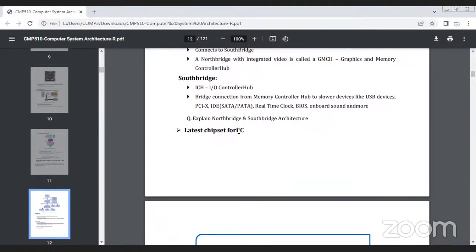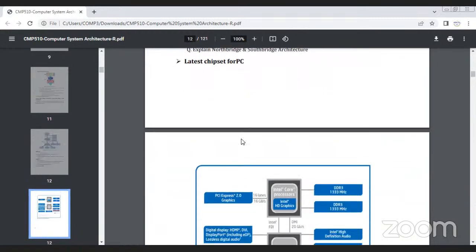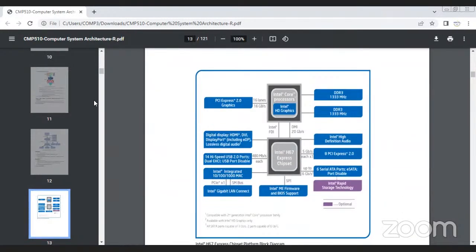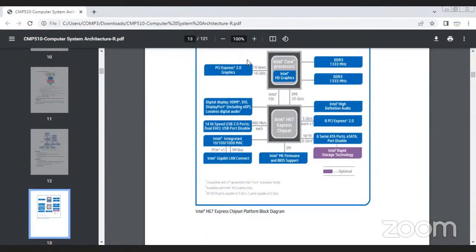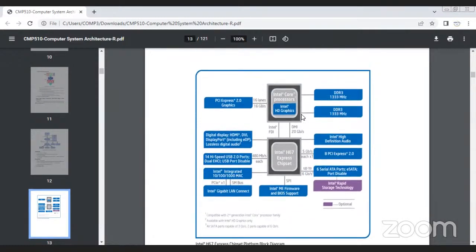Now, the latest chipset for PC. Look at this diagram. This is a block diagram of the latest chipset.